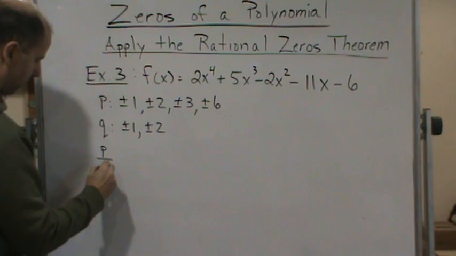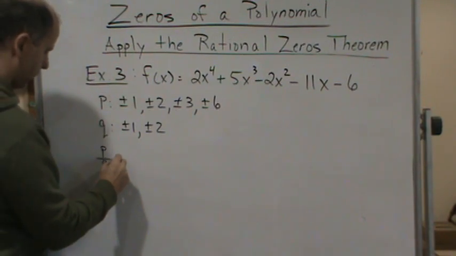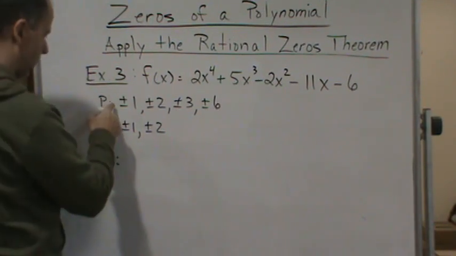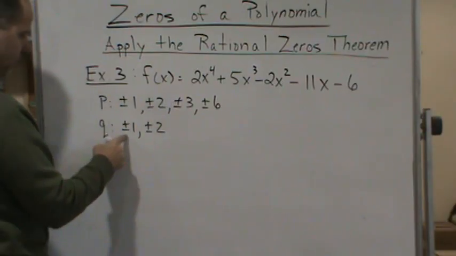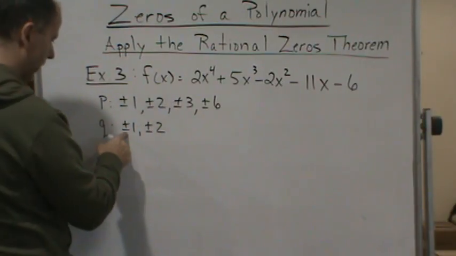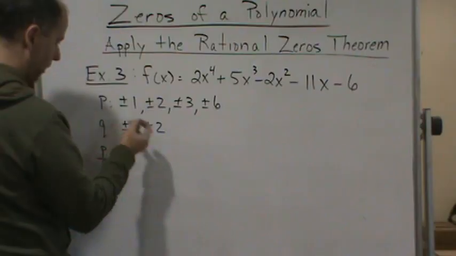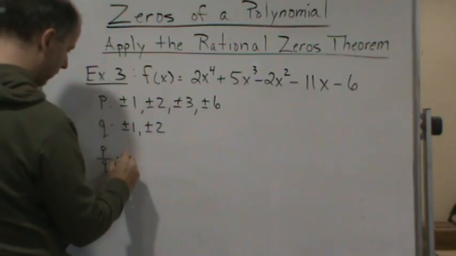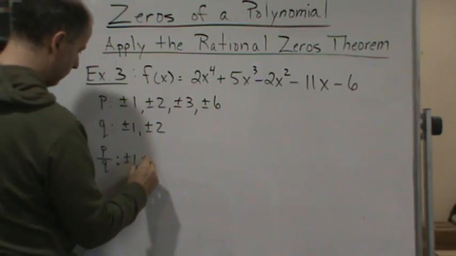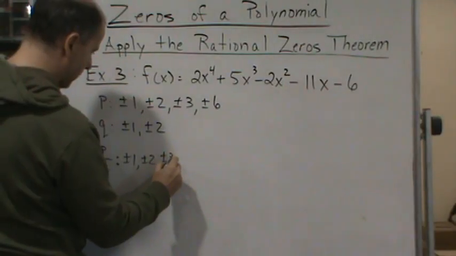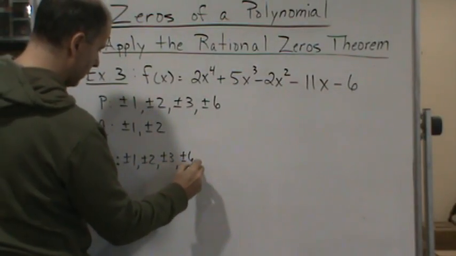So if I want all the possible rational zeros, then I'm going to take all of these divided by all of these. Dividing all these by 1 is just going to give me the P's: plus or minus 1, 2, 3, and 6.